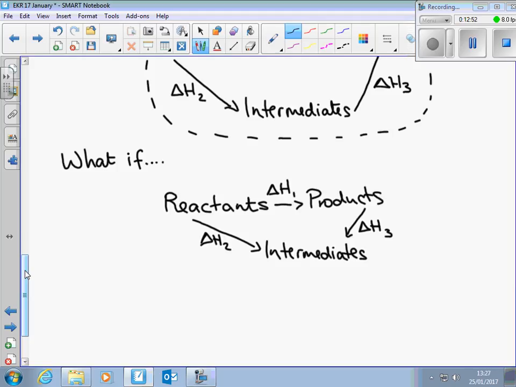So what you're going to use will actually be like that, your intermediate. You can do those two reactions in the lab. The one that you can't do is sodium hydrogen carbonate into sodium carbonate. So what's route 2 going to be then? How could you calculate delta H1 from this?